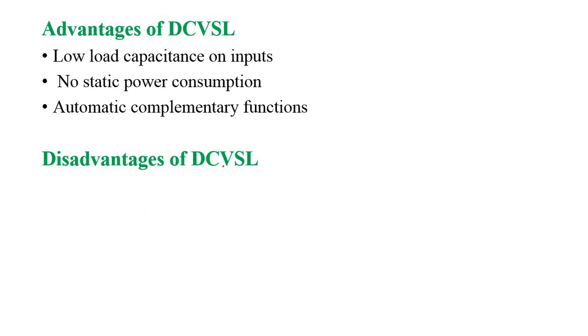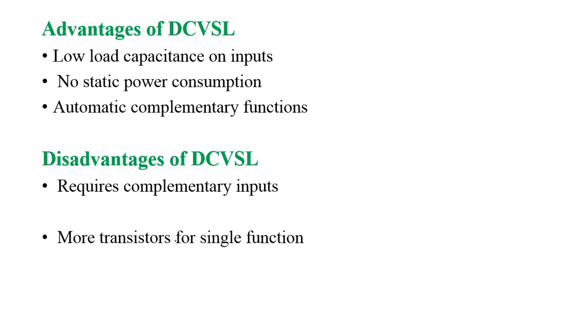The disadvantages of DCVSL are that it requires complementary inputs, and more transistors for a single function. In order to get a single function it requires a larger number of transistors. So this is the drawback.